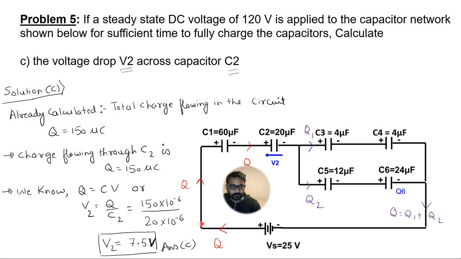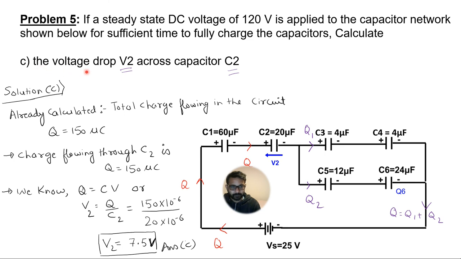It will continue to flow because there is no other path in which the charge can flow. So ultimately it will have to flow through capacitor C1, and after flowing through C1, it will continue to flow through C2. There is again no alternate path. So the same charge Q which came out from the supply voltage has to flow through C2. So we have found the value of charge which is flowing through C2.